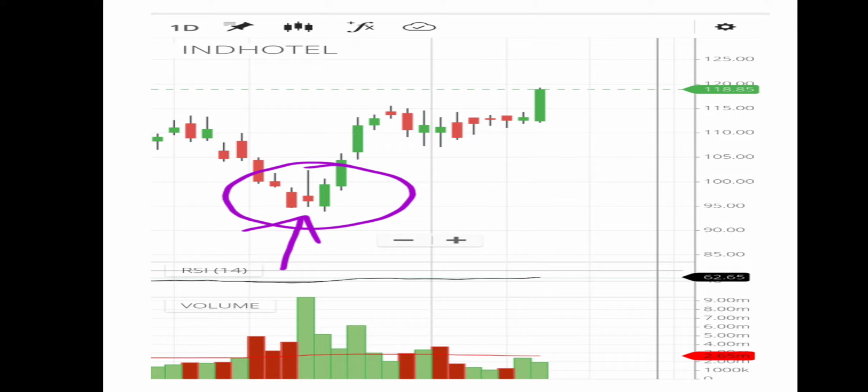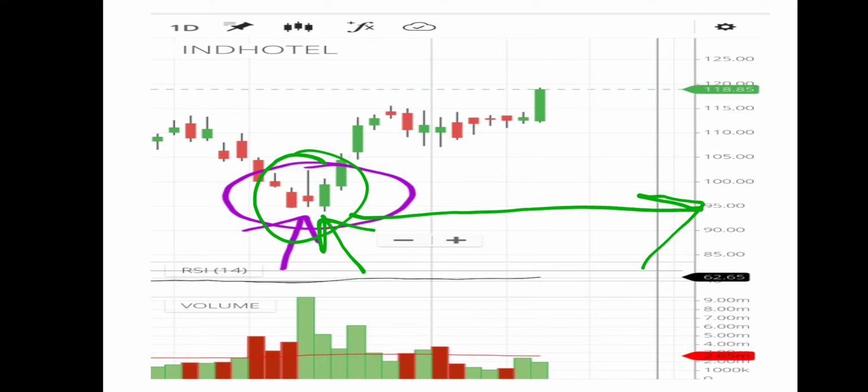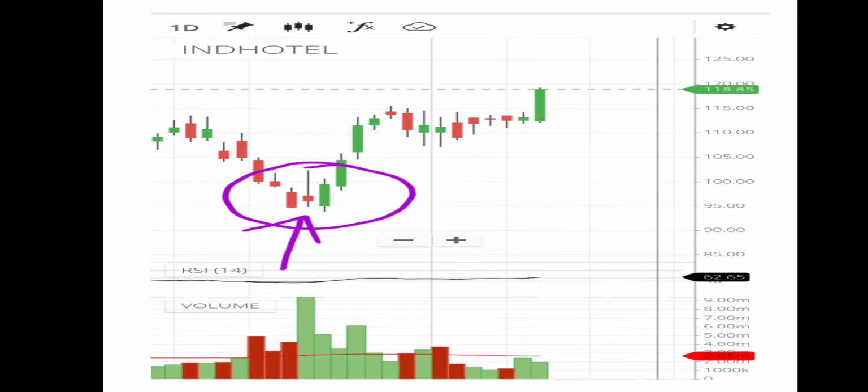You can see here, this is the Indian Hotels chart. It's a recent chart, and you can see how an inverse hammer formed here, and the price was around 95 rupees. After that you can see the price moving up, and you have to take the entry, as I said earlier, when this candlestick crosses this line.